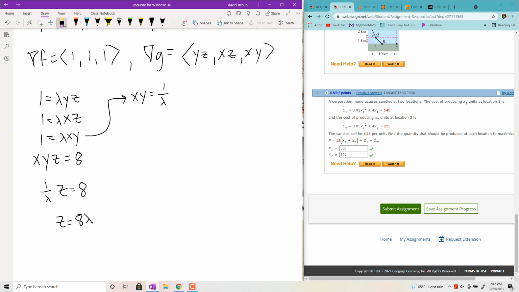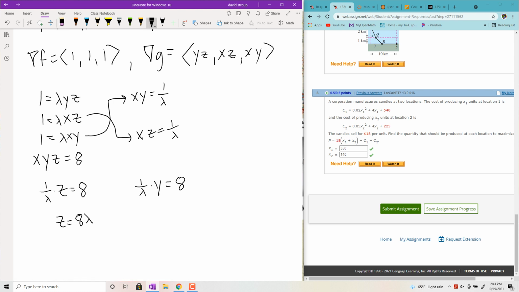If I take the second formula, xz is 1 over lambda. And then if you plug this into the xyz equals 8, what do you get? You get 1 over lambda times y equals 8. Whoops, my lambda, when it's upside down, looks like a y.